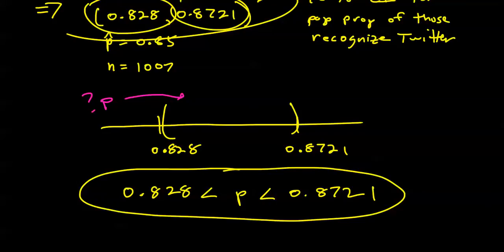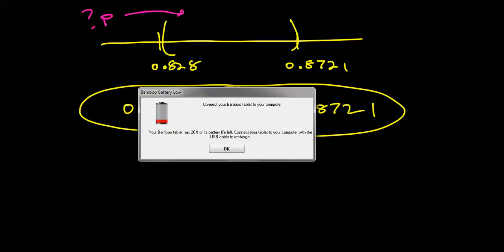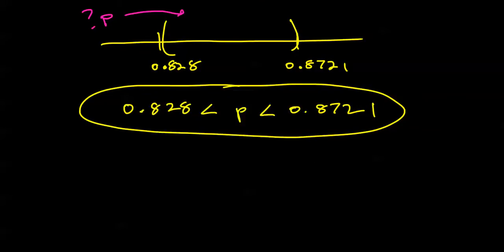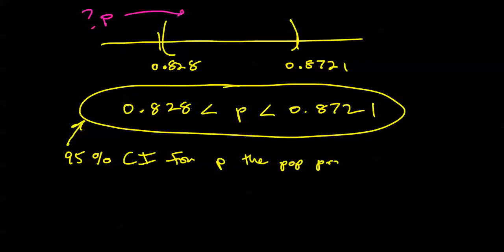What I'm really saying is this: P is trapped within these boundaries with 95% confidence. Let me write that down. This is my final answer. This is my 95% confidence interval for little p, the population proportion of people who recognize Twitter.